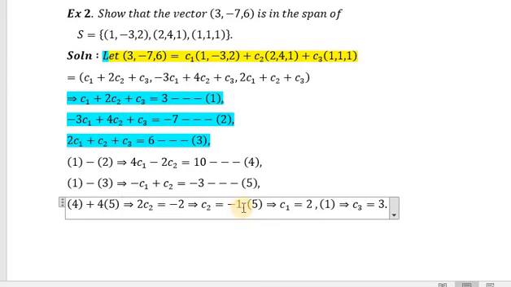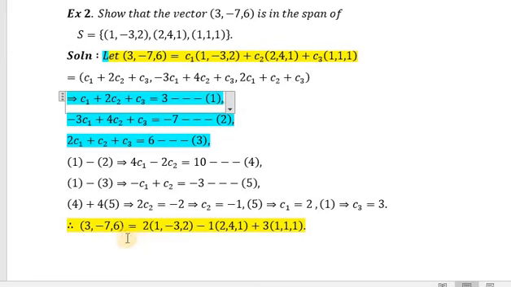Now substituting this -1 in equation 5 in the place of C2, we get C1 is equal to 2. So C1 is equal to 2 and C2 is equal to -1. Now by substituting C1 and C2 in equation 1, we get C3 is equal to 3. Now C1 is 2, C2 is -1, C3 is 3. Let us substitute these values in this linear combination.